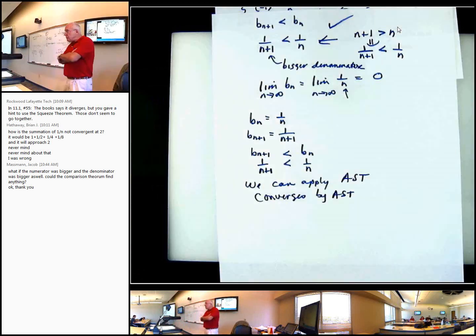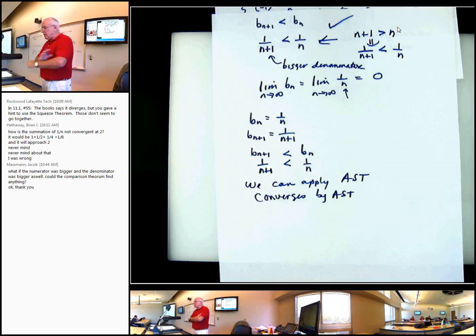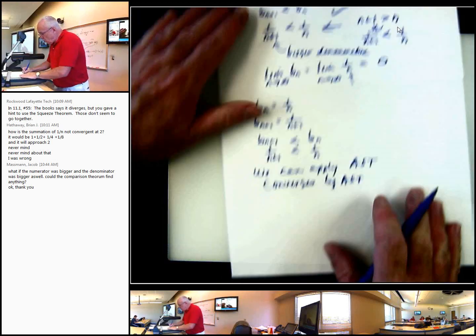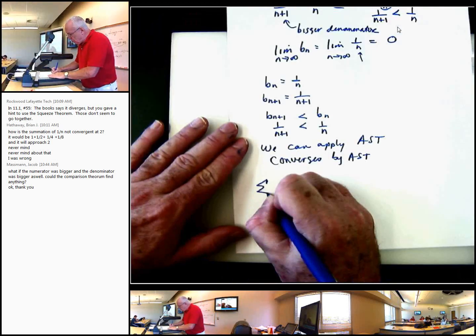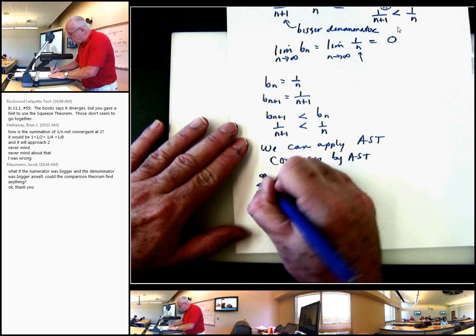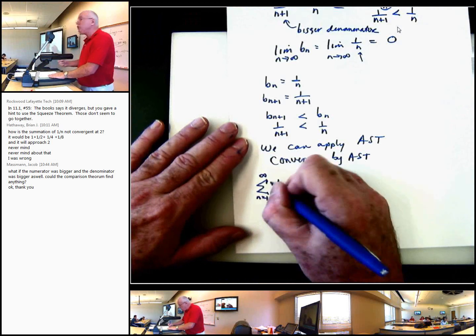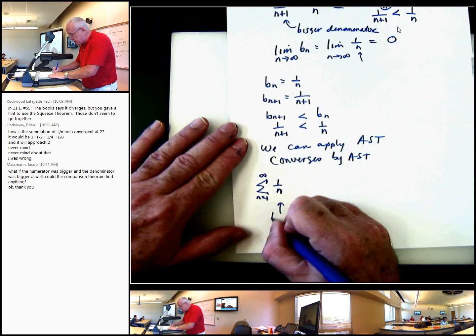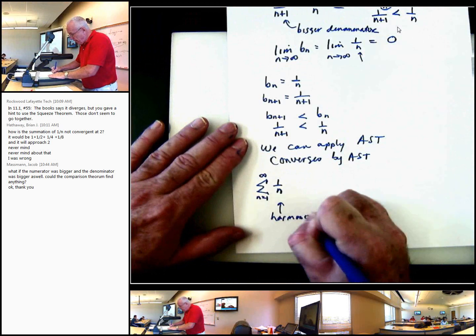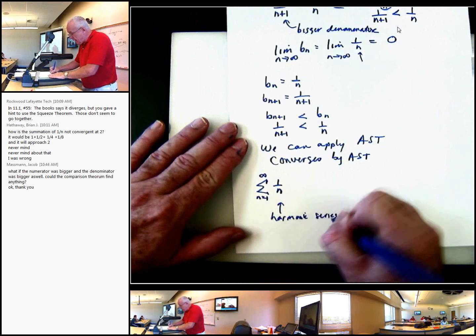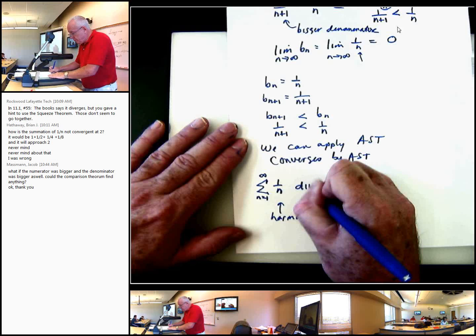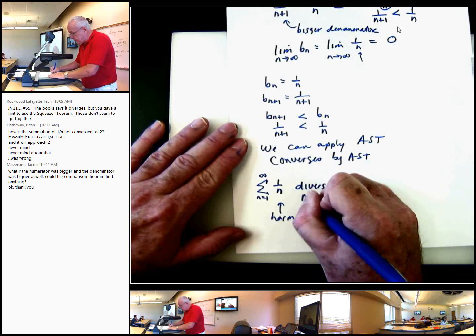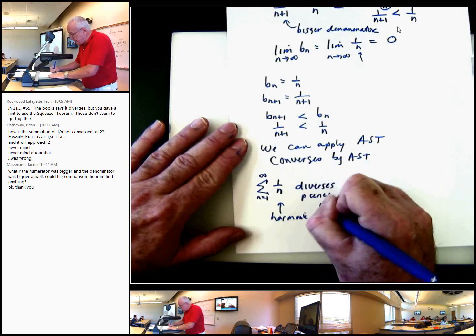What's kind of interesting, to me at least, is this. We've been told that the series of 1 over n, where we don't change the sign, is the harmonic series, and that diverges. And of course it's the p series where p is equal to 1.